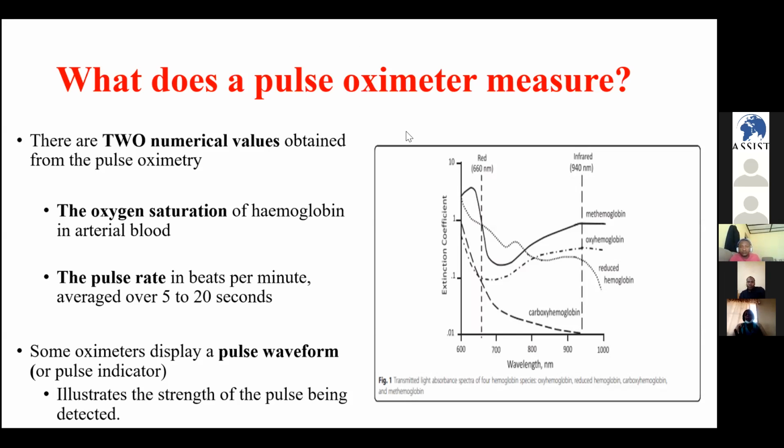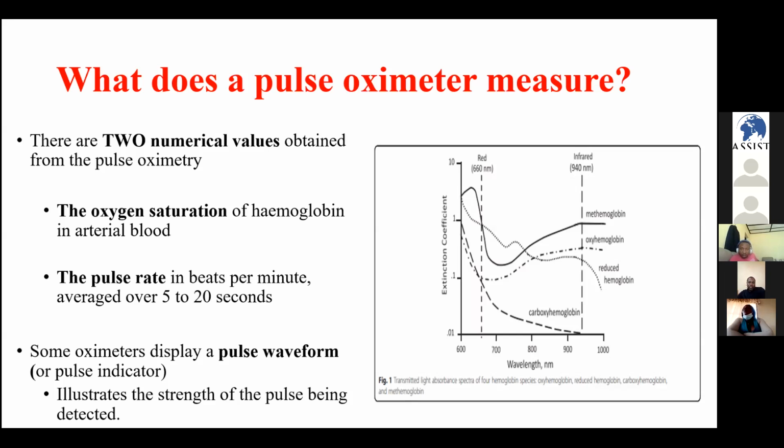So the key message in this graph is that on the pulse oximeter, we are measuring how the hemoglobin containing oxygen and the deoxygenated hemoglobin absorb the light when it is penetrating the skin.